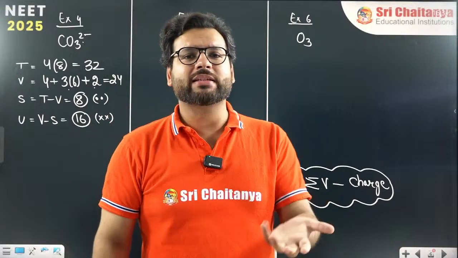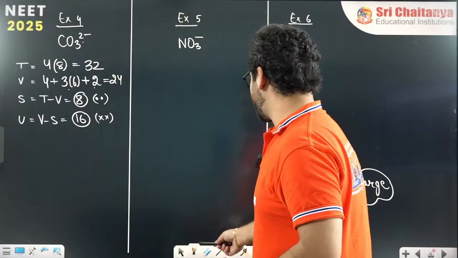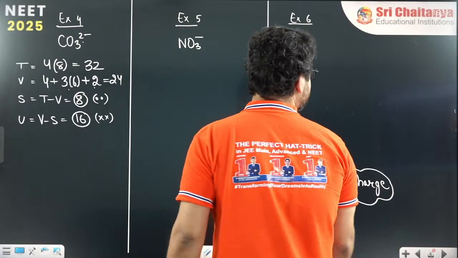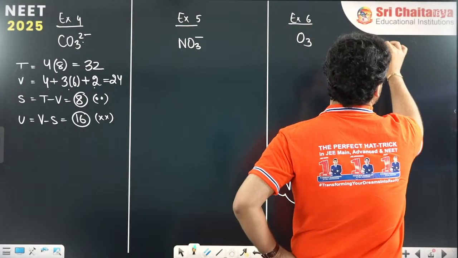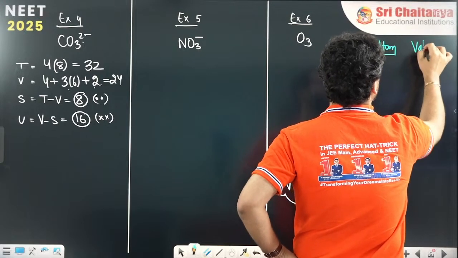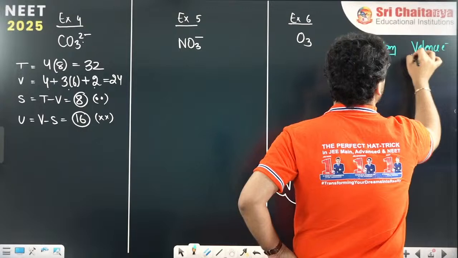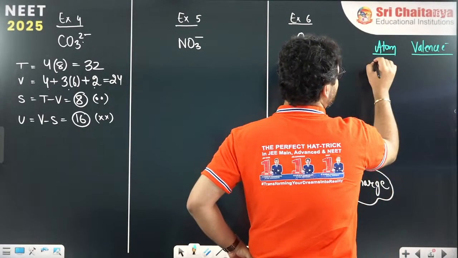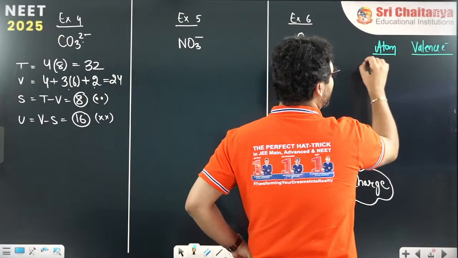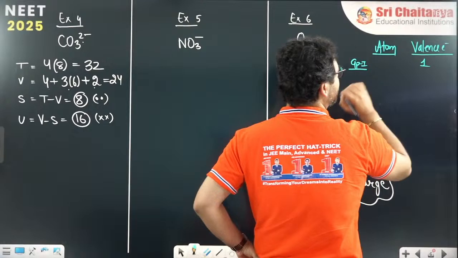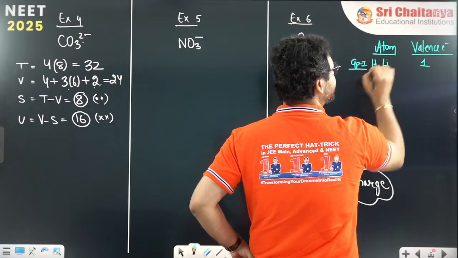V means valence electrons. To know the valence electrons, you should know the electronic configuration. I'll just mention those valence electrons. Atom and its valence electrons. All of you can see here. If the atom is a group 1 atom, there will be 1 valence electron, like hydrogen, like lithium.